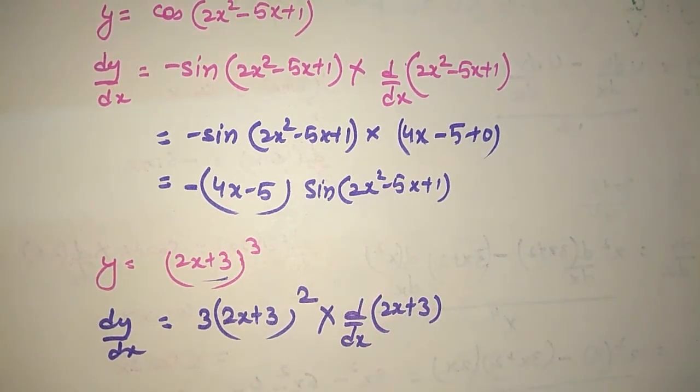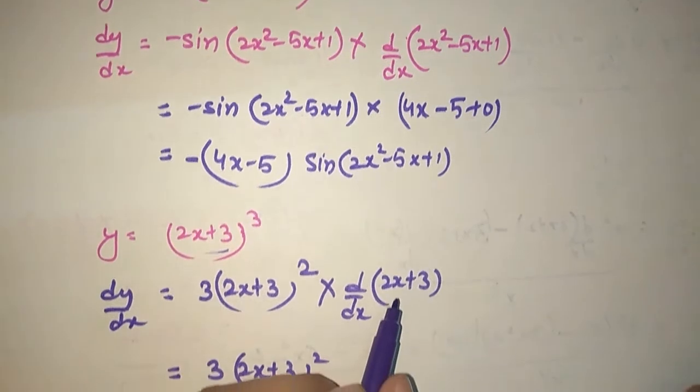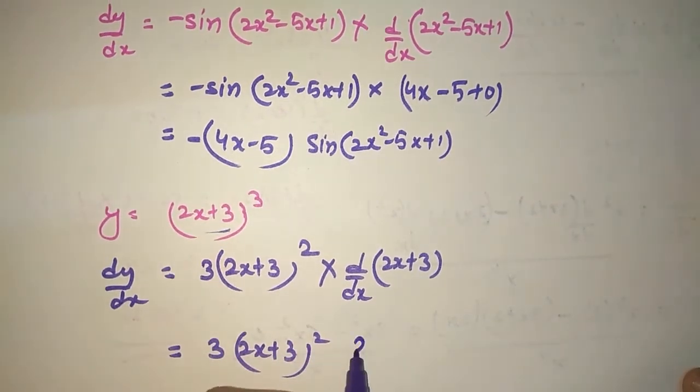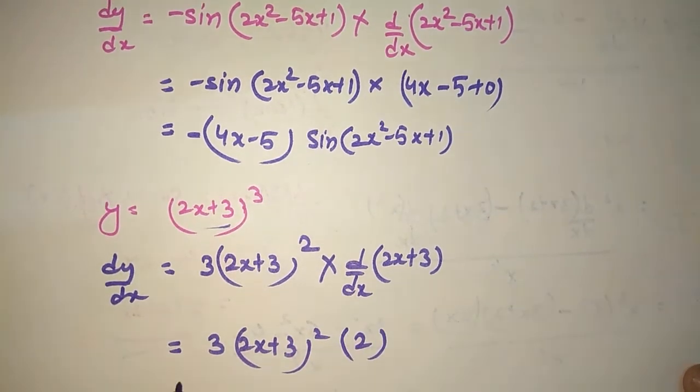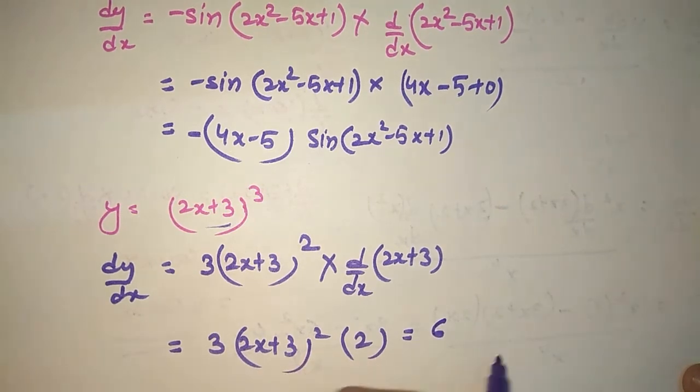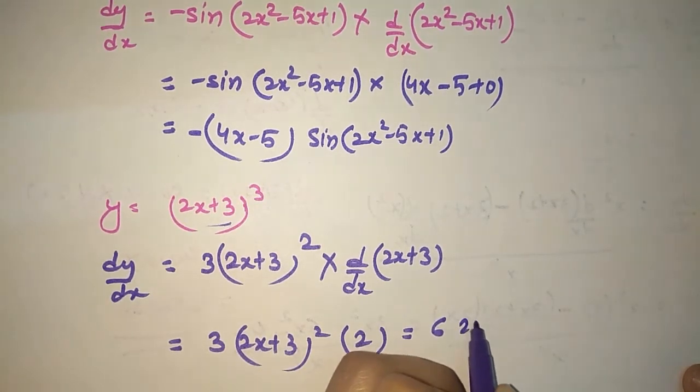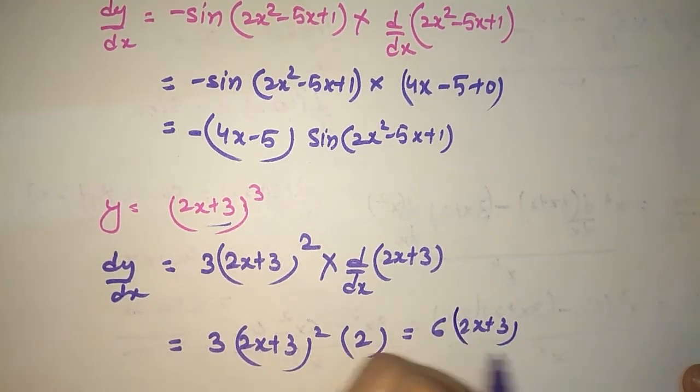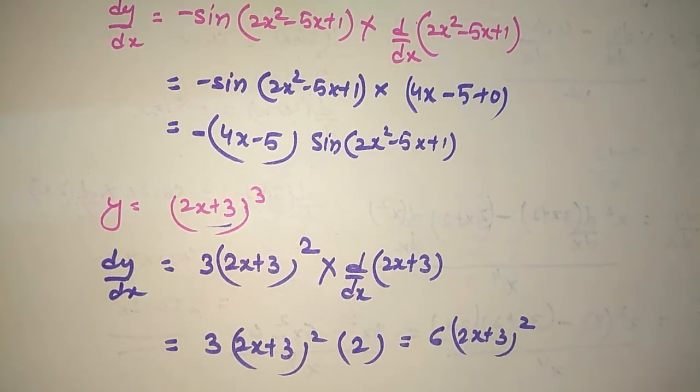Then we get 3 into 2x plus 3 whole square, and derivative of 2x plus 3 is 2. And on simplifying we have 6 into 2x plus 3 whole square. So this is a simplified answer.